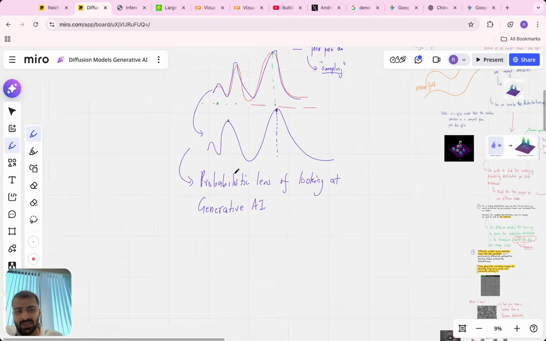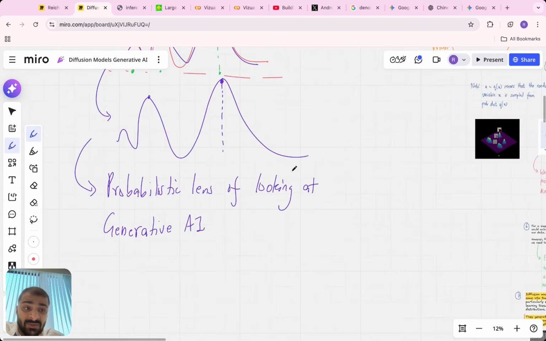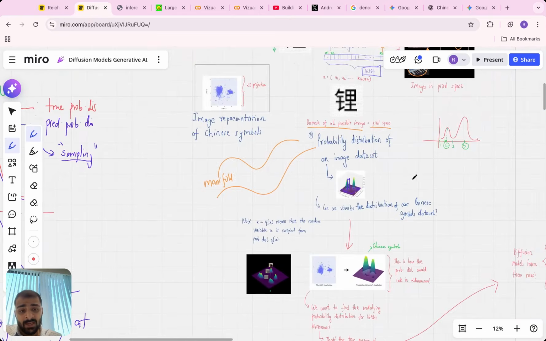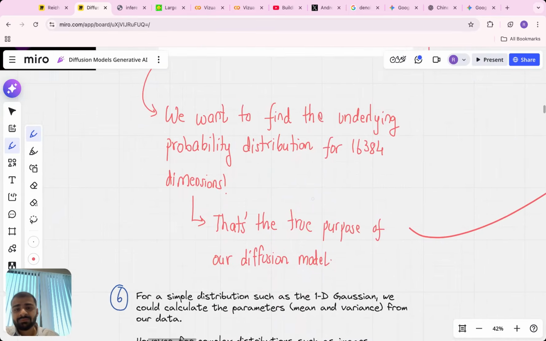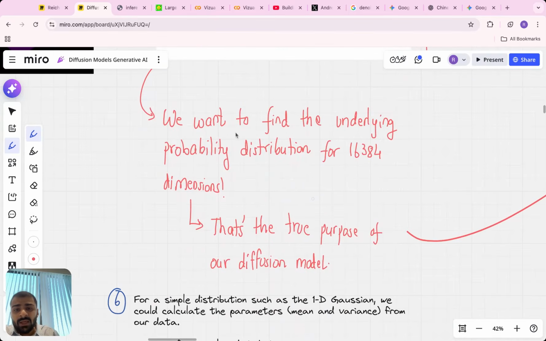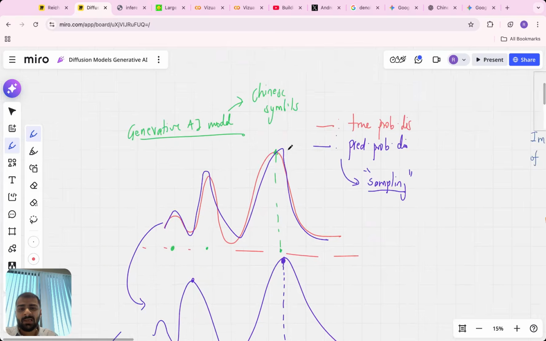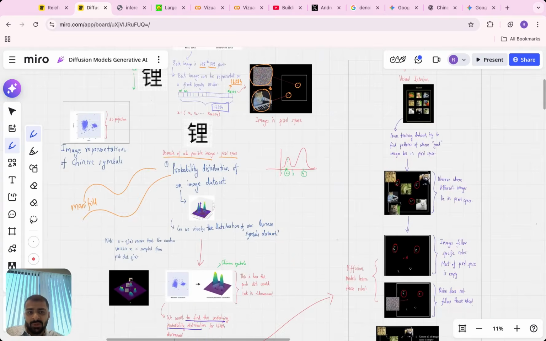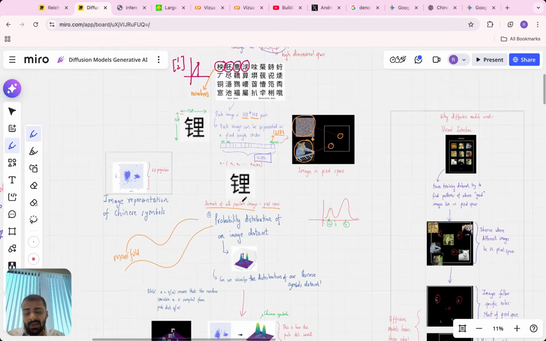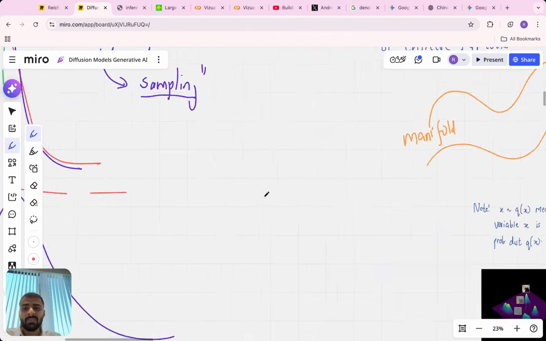But to truly understand diffusion, this probabilistic lens is very, very important, right? Because what the diffusion model is actually doing is helping us find the underlying probability distribution, which means it helps us get this purple distribution to be as close as possible to the red distribution. So the purpose of a diffusion model is to find the underlying probability distribution.